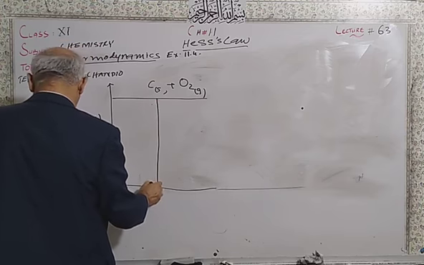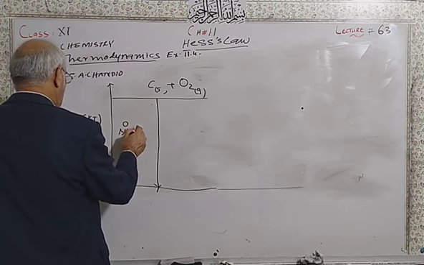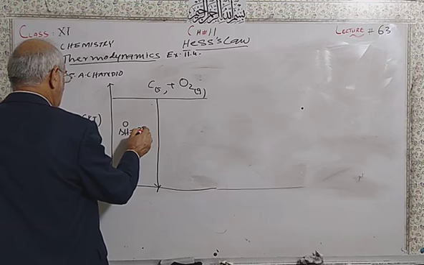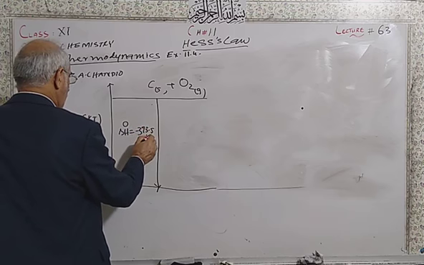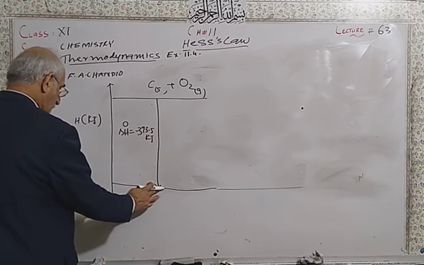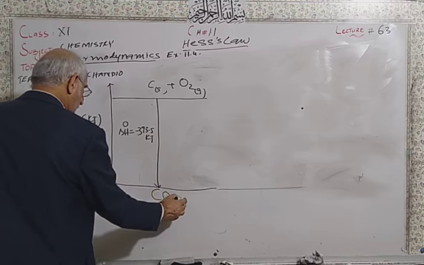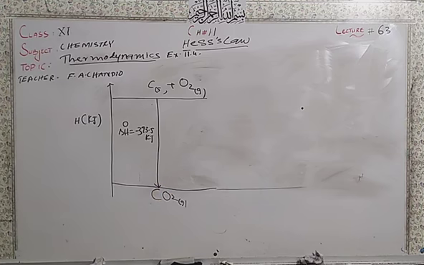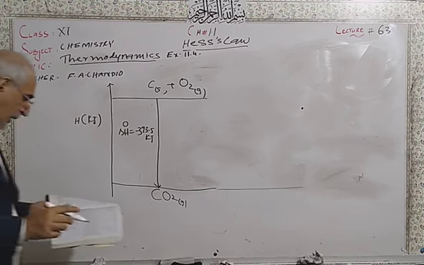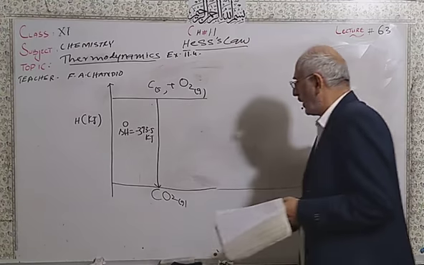Exothermic reaction, delta H naught minus 393.5 kilojoules, and you will get carbon dioxide gas. This is step number 1. It means complete: when the chemical reaction is complete, you will get full products.